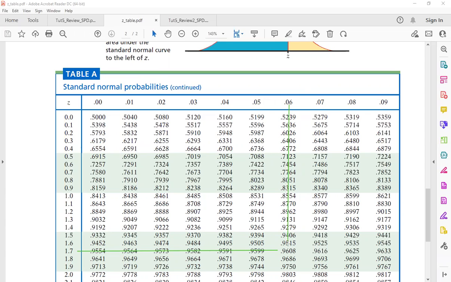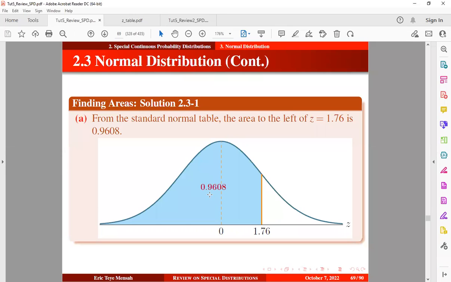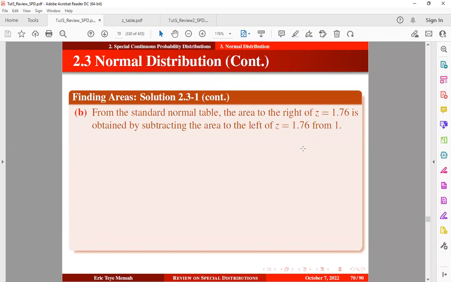Where they intersect, you pick the corresponding area. So this is going to be the area. If you check the results, we had 0.9608.